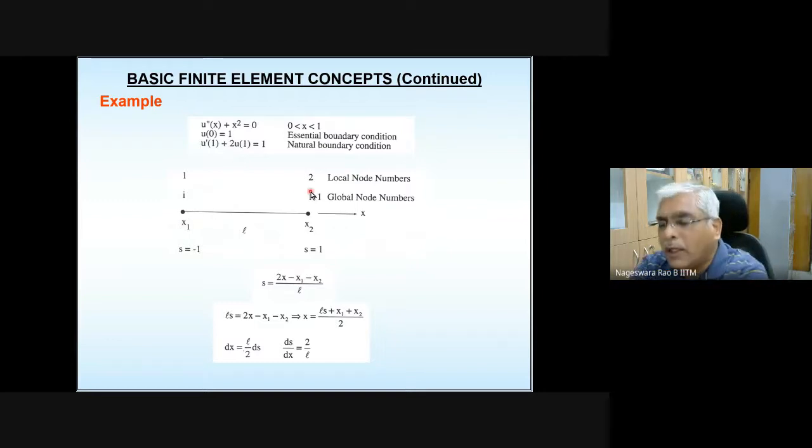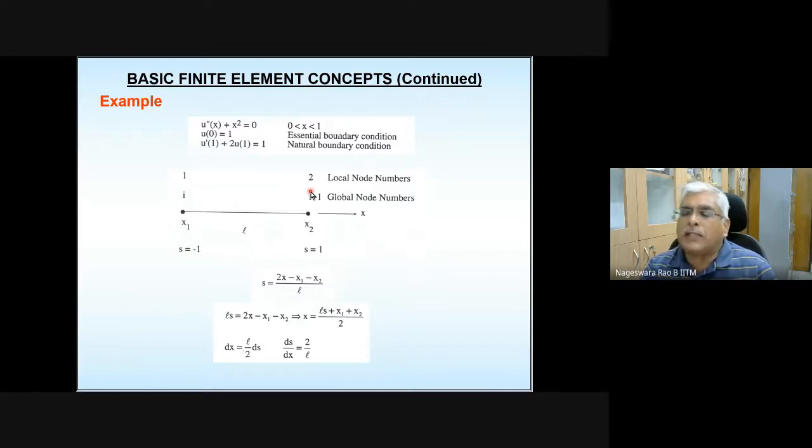So why am I doing all this? You may ask, you teach the finite element method, why are you telling all this? It's not like that. Please note that I told you, when you are discretizing, all the elements need not be of the same length. If all the elements need not be of the same length, can we map all these elements into a parent element?